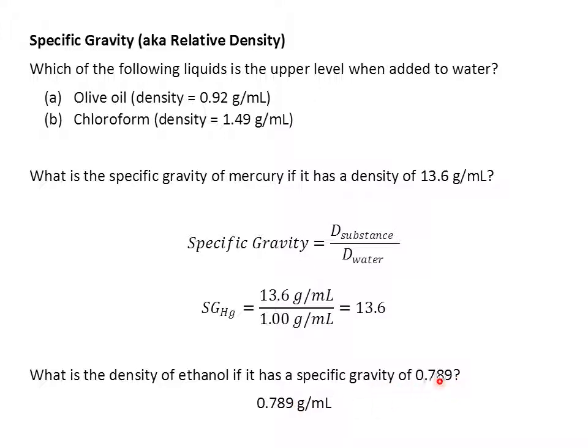Numerically it's the same, right? 0.789 is the specific gravity, then the density is 0.789 grams per milliliter. So that's just a quick, fast way. Just tack on some density units to your specific gravity, and that'll get you the density.